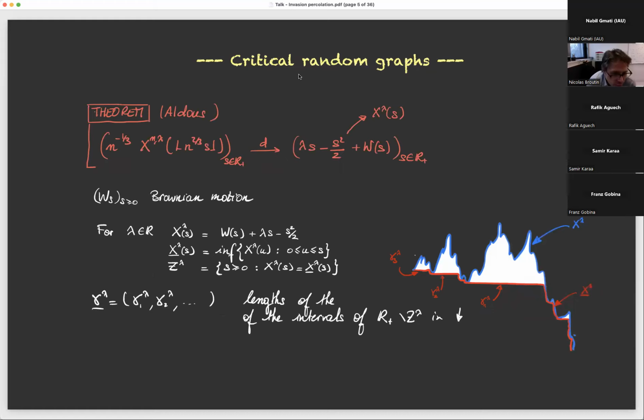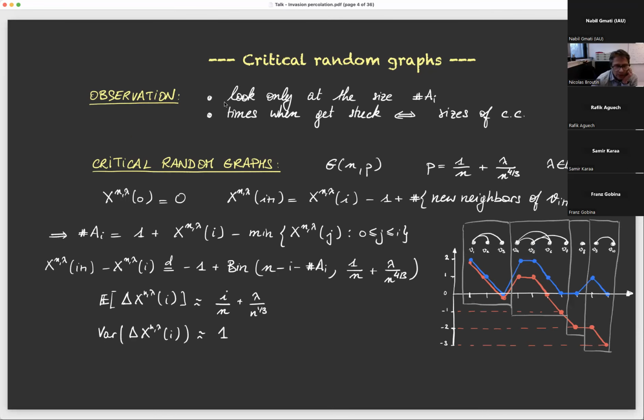Aldous proved that if you look at this process at time about n to the 2/3 times s, and you rescale it by n to the minus 1/3, why? Because of this estimate for the variance, you know that the limit will be Brownian, up to basically the correction for the mean.